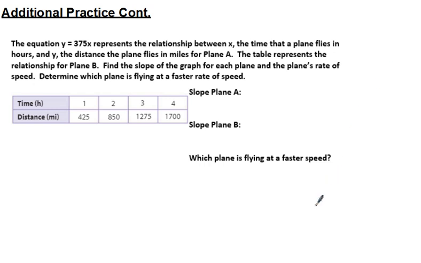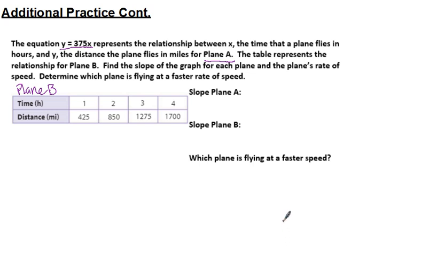All right, this is another comparison problem. So we have the equation y equals 375x represents the relationship between x, the time a plane flies in hours, and y, the distance the plane flies in miles for plane A. So this equation is for plane A. The table represents the relationship for plane B. Find the slope of the graph for each plane and the plane's rate of speed.